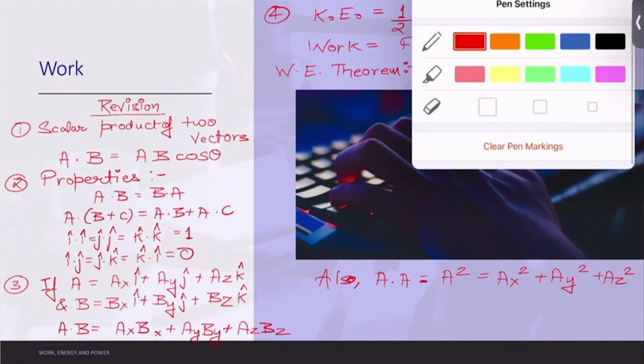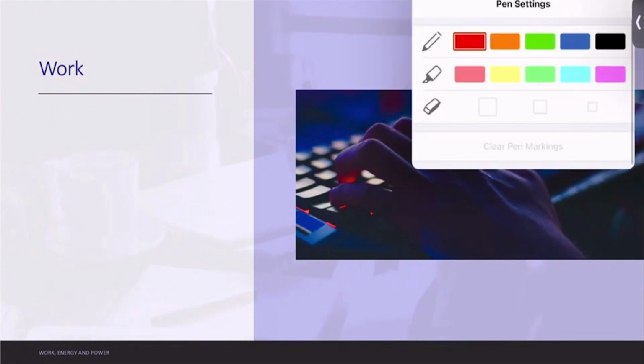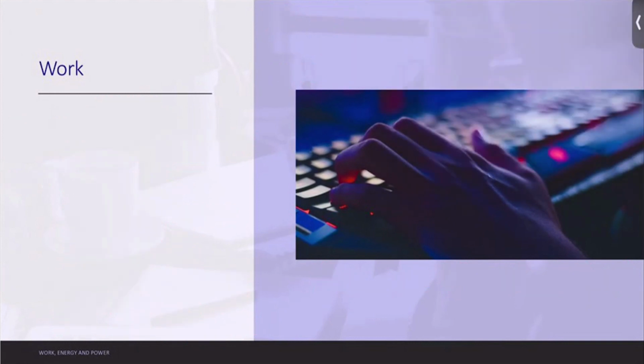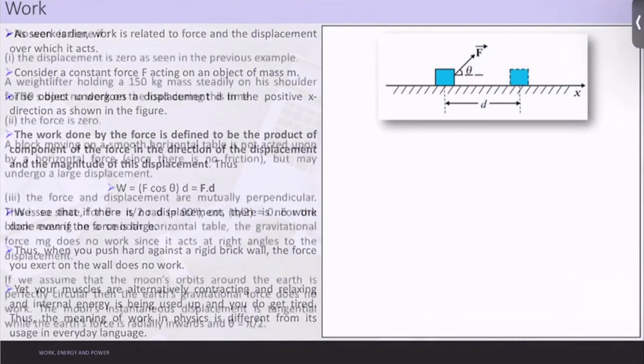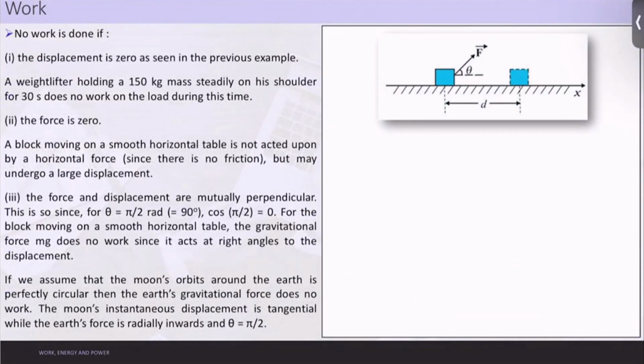Now let us start this third lecture with the basic discussions about work. Okay. So all these things are completed. In the previous discussion, we completed these examples also to understand when we can say that the work done is 0. Work W is equal to F dot D, which is equal to F multiplied by D multiplied by cos theta.